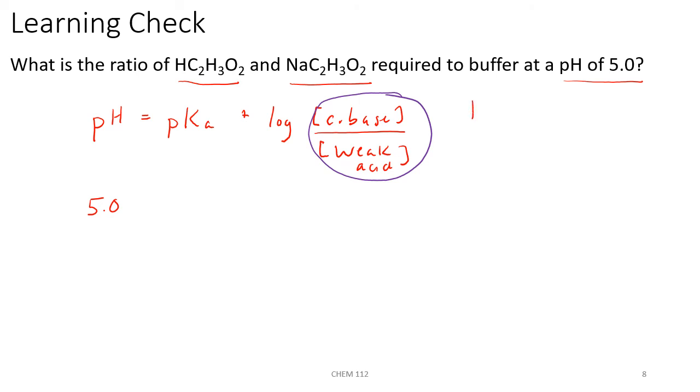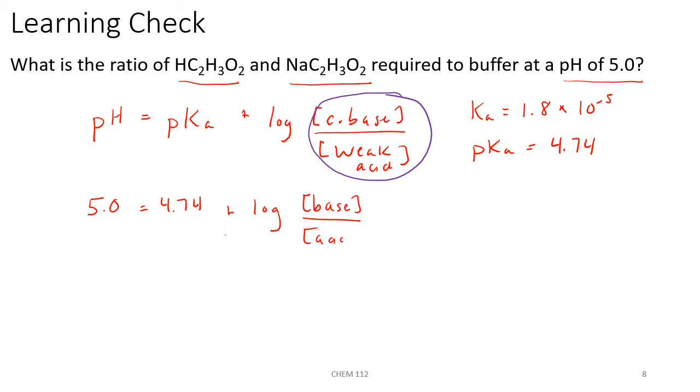The Ka for acetic acid is 1.8 times 10 to the negative 5th, and we can take the negative log of that to calculate the pKa. So the pKa is 4.74 for acetic acid. So we'll plug in 4.74, plus the log of our base over our acid.